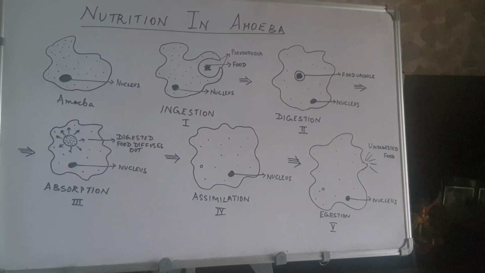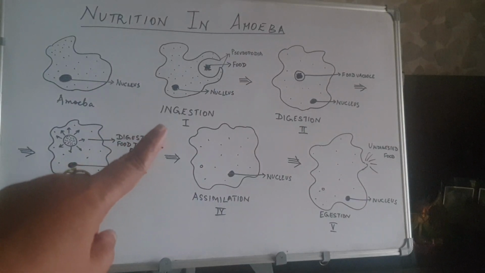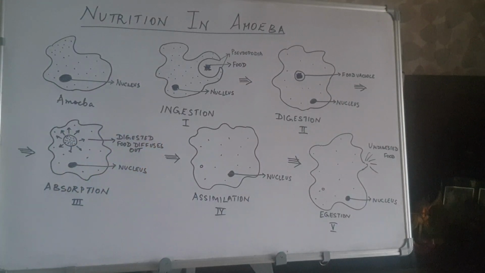The intake of food is known as ingestion. Here the body will form a finger-like projection, that you call the pseudopodia, or the false foot, with the help of which the food will be engulfed. It will be taken into the body of the amoeba, and that first process you call ingestion.